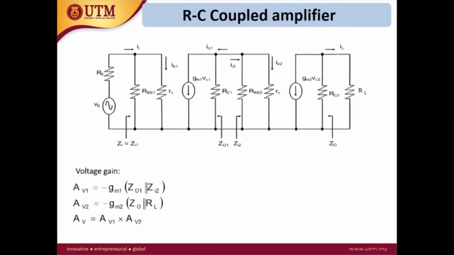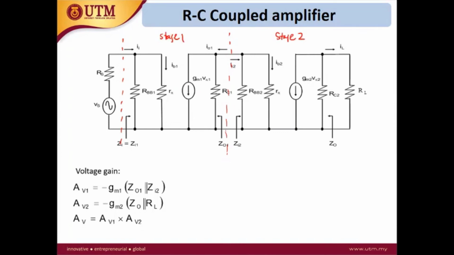Okay, for the voltage gain, we can do the analysis for the voltage gain of every stage, or the total voltage gain. For example, the voltage gain of the first stage is AV1. Put here stage 1, and this is stage 2.